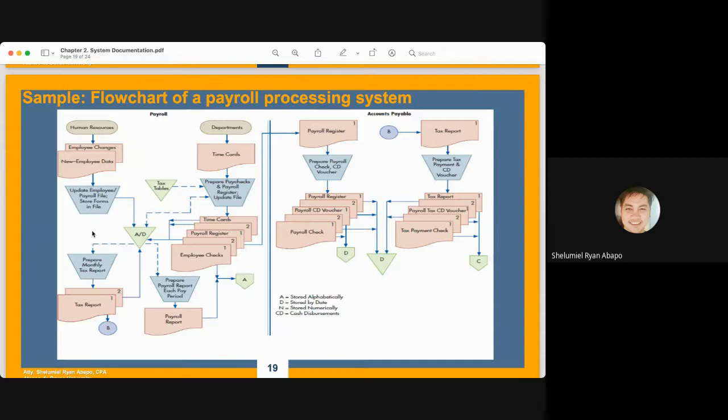Note that the documents like time cards, payroll register, and employee checks are forwarded or consolidated to prepare the payroll register. And the payroll register now will be the basis of the payroll department to prepare the payroll check and the check disbursement voucher. And then these will be filed by date upon payment of payroll. Right?